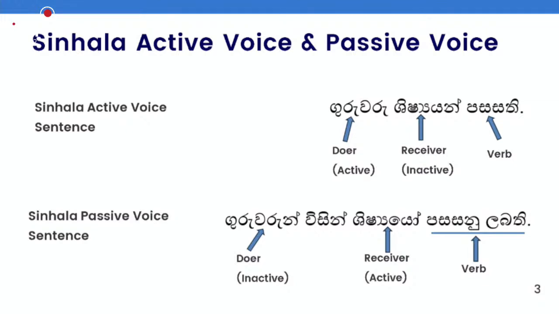After that comes the verb. When considering the Sinhala passive voice sentence structure, the subject is kept in inactive form, the object is kept in active form, and the verb is kept in passive voice form. In between the subject and the object, the visin pratyay is placed.